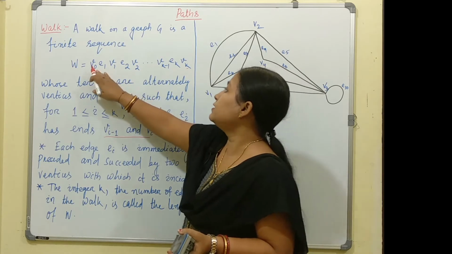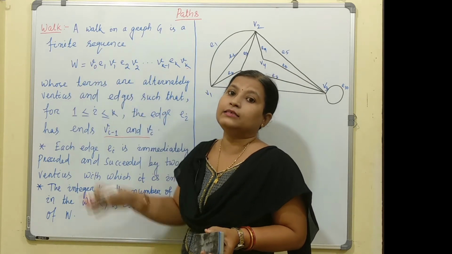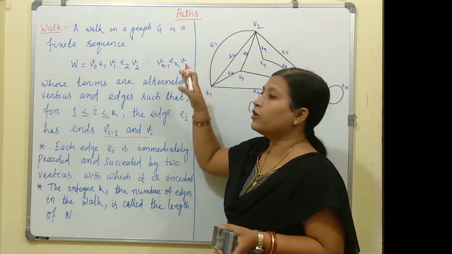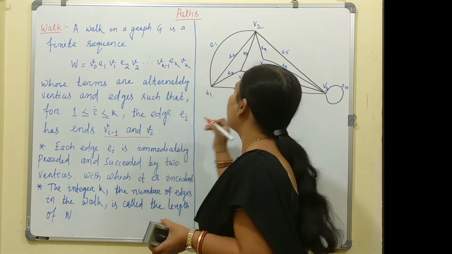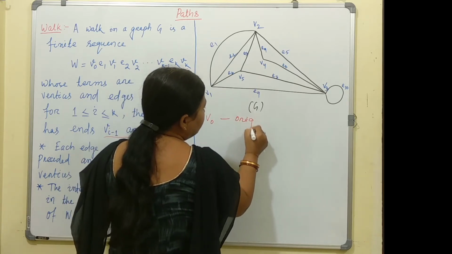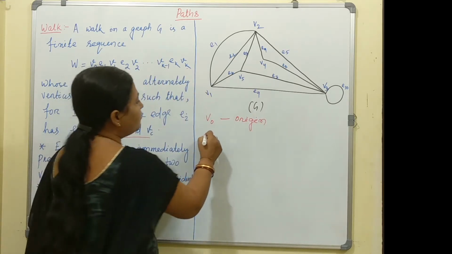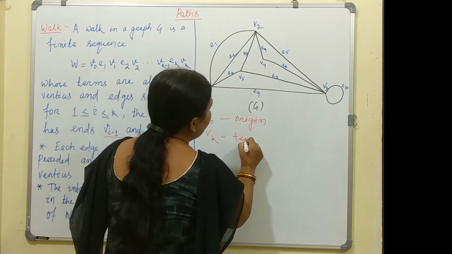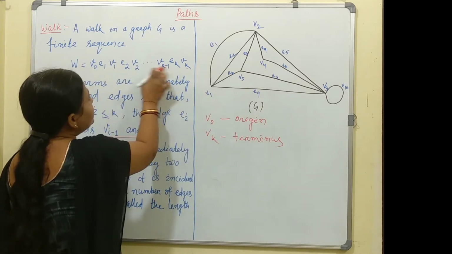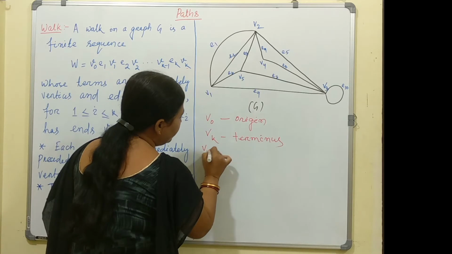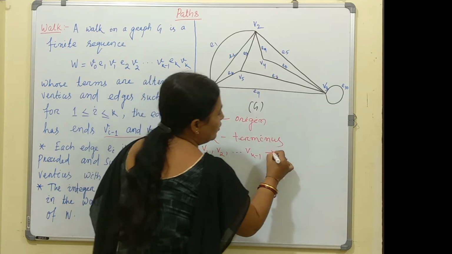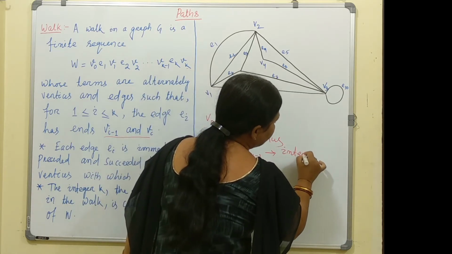V0 is the starting vertex, also called the origin of the walk, and Vk is the end vertex, called the terminal vertex or terminus of the walk. All the rest of the vertices, that is V1, V2 up to Vk minus 1, are the internal vertices.